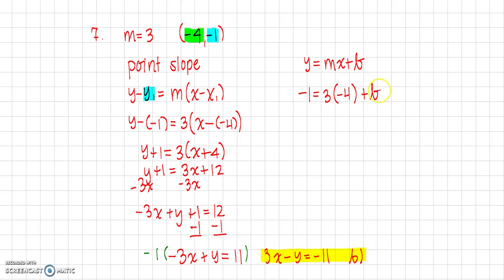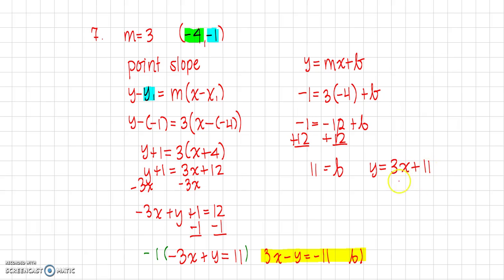And whenever I solve this, that'll give me b. 3 times negative 4 is negative 12. Add 12 to both sides. So b is 11, which means if I write my equation, y equals 3x plus 11, then I have the same thing that I had before.